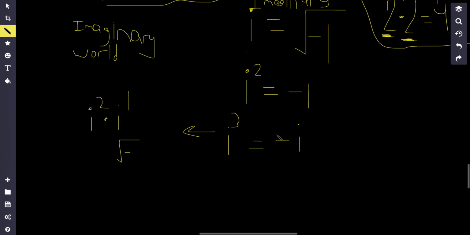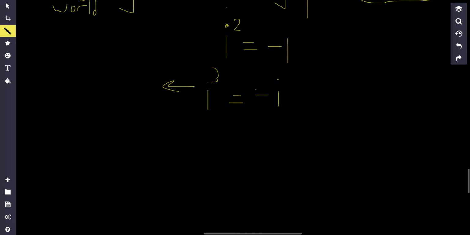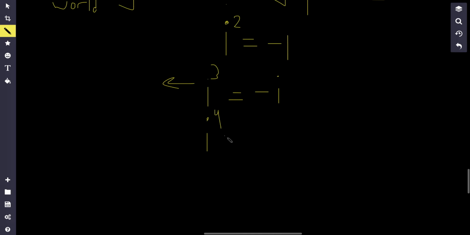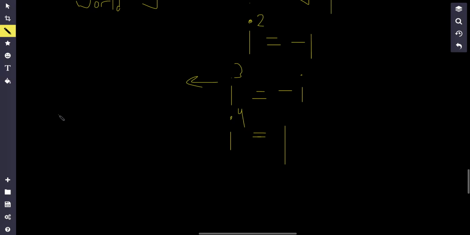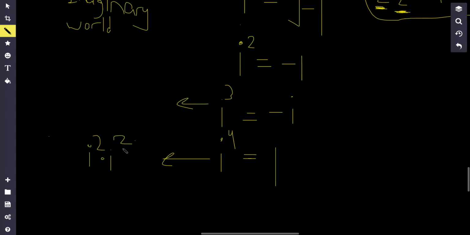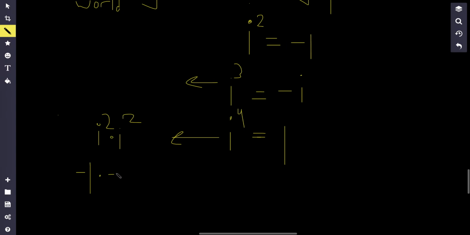And we have i to the fourth power, which is going to be equal to 1, because i to the fourth power is equal to i to the second power times i to the second power. Since i to the second power is equal to -1, it's just going to be -1 times -1, which is equal to 1. All right.